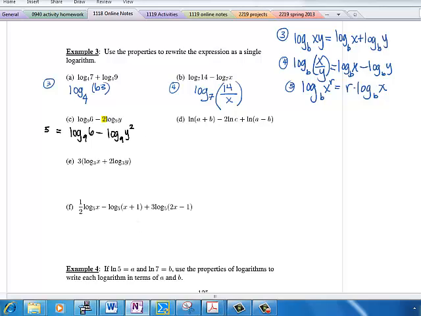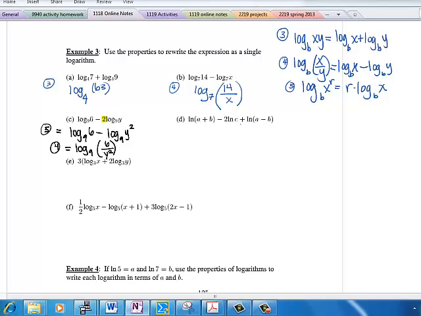So we now have a difference of logarithms with no coefficients in front. So always move the coefficients out of the way first, and then we can use property 4 to combine them. So we'll have the log base 9 of 6 divided by y squared. And we're done because we got it into a single logarithm.